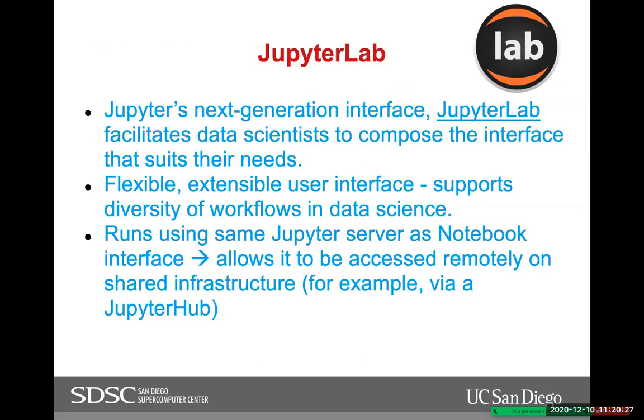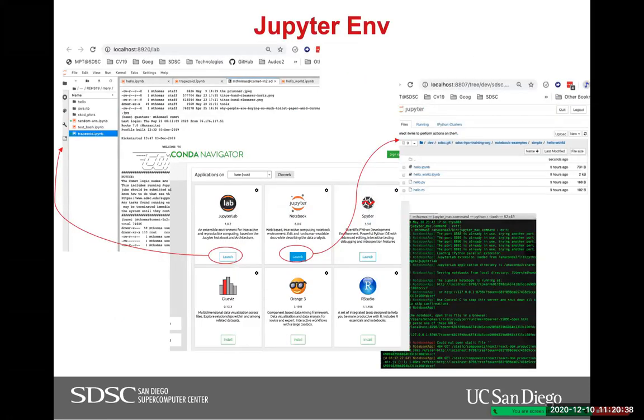Jupyter Lab is, like I said, the next generation, and it gives you a lot more features like a shell. And we support both. You can launch notebooks and lab. So this is on my laptop using the Anaconda Navigator. I can launch a single notebook, and you can see there's my list of files that are in my notebook directory.